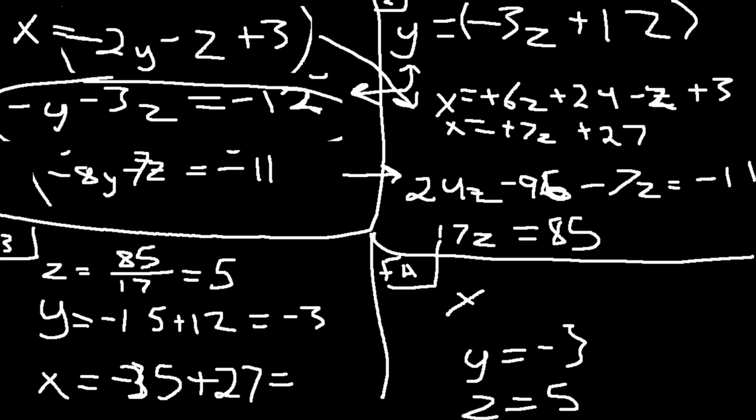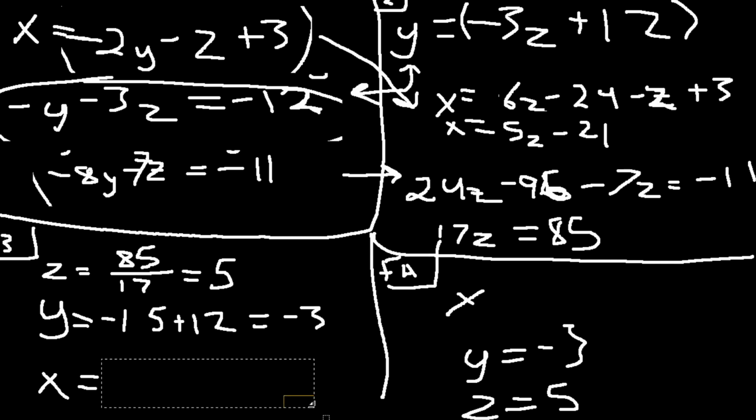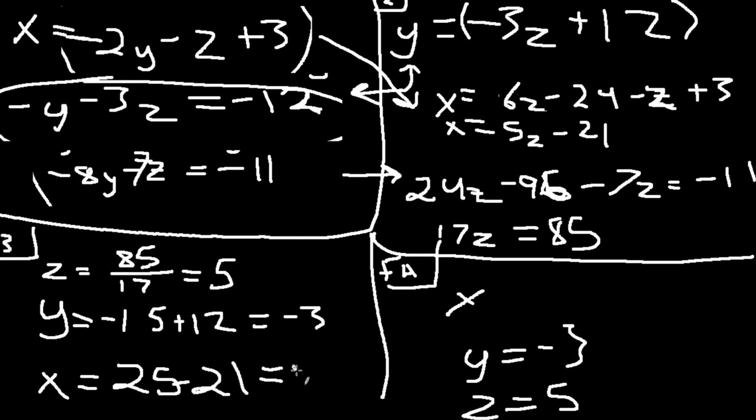So it's going to be positive 6 right there. And that comes up with a very different answer here. But we'll see if it equals 4 like we intended. So now when we swap in that 5 for z, we get 5 times 5 is 25. So we get 25 minus 21, and that does equal 4. So now we have x is 4, and that is the right answer for that system of equations.